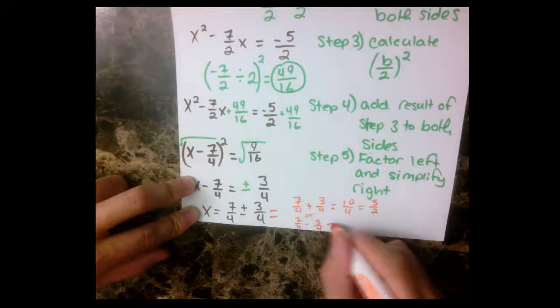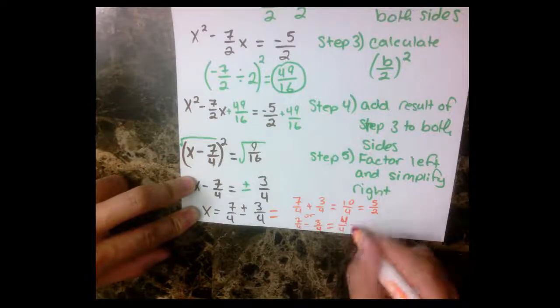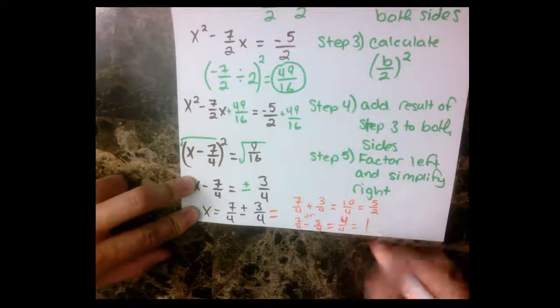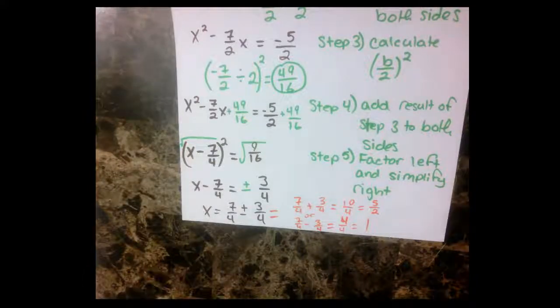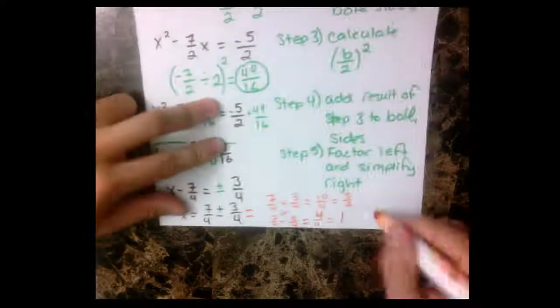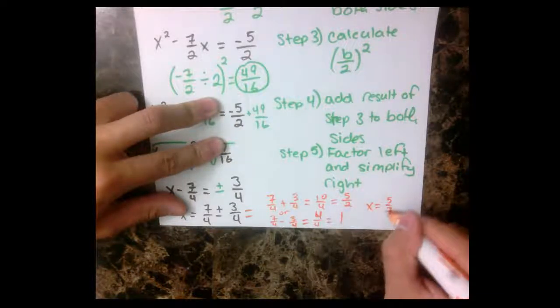And over here, you've got 7 minus 3, which is just 4 over 4. I know that was kind of sloppy, but 4 divided by 4, you guys should be used to it by now. It is equal to 1. Okay? So that is how you would technically have your answers. So your answers would be x equals both 5 over 2 and 1.